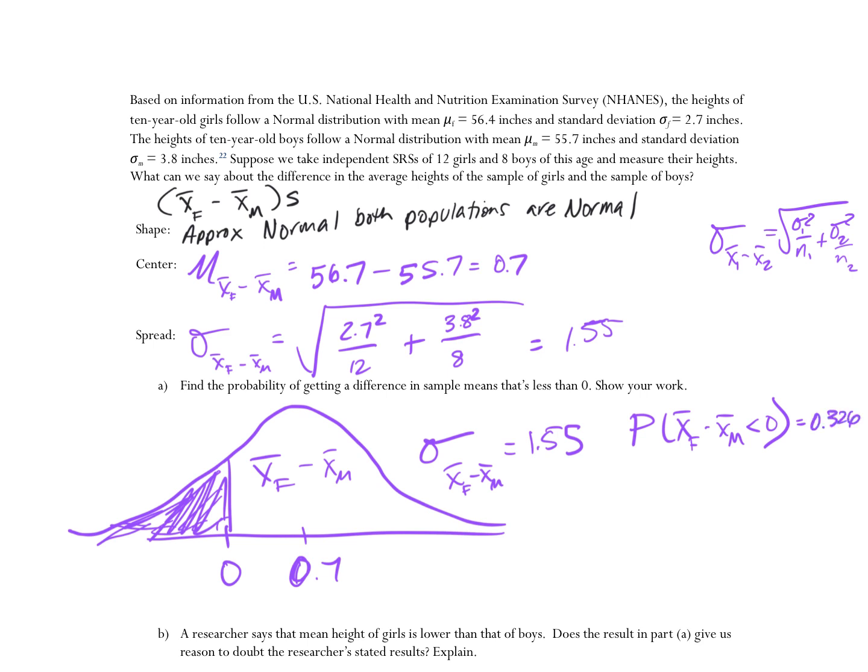All right, now, you guys, what's another way to say x bar f minus x bar m is less than 0? What does that really mean? I'm going to write it this way and just move that over.